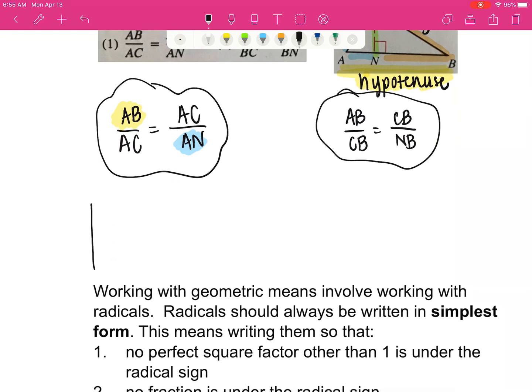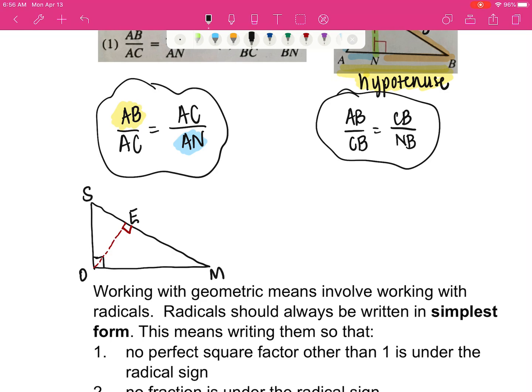So here, let's draw another one. And of course, I'm going to draw it a different way, just because you can look back up there and see that one. Let's draw now a right angle, and then I'm going to draw an altitude, and let's call this SOME.